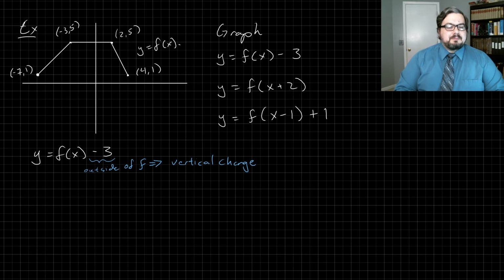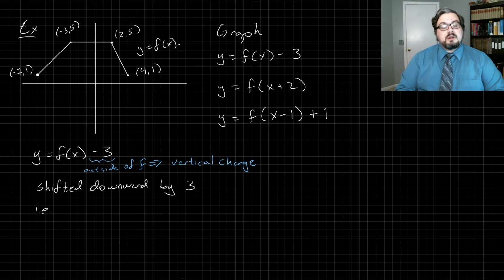So this means that the graph of this function is shifted downward by 3 units. Or in other words, we're going to subtract 3 from each y value on the graph.